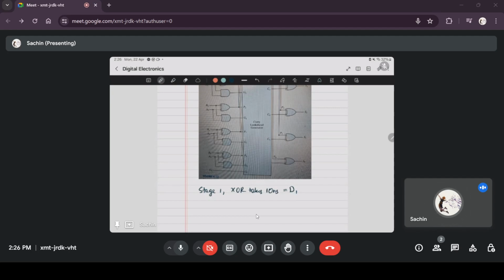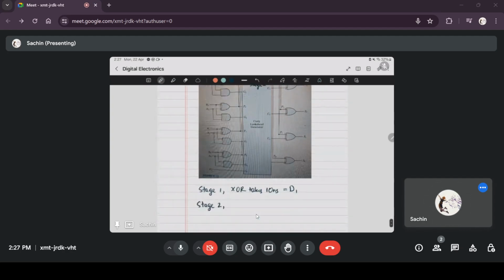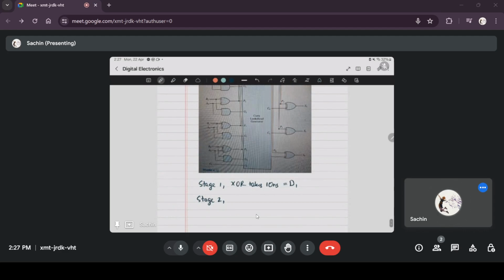For carry look ahead, you can look up the circuit yourself. For carry look ahead generation, this is stage 1, this is stage 2, this is stage 3. In stage 2 there is one parallel AND stage and a parallel OR stage. Parallel AND stages will take 5 nanoseconds. Parallel OR stages will take 5 nanoseconds.